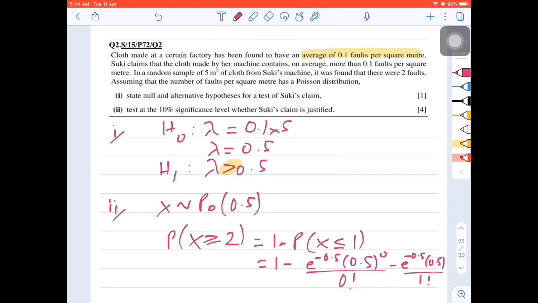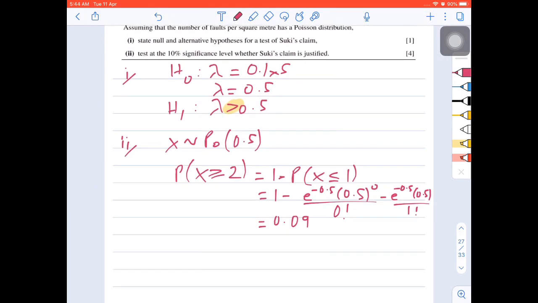So this will be 1 minus e to the power negative 0.5 times (1 plus 0.5), and this is equal to 0.09. So the probability of X greater than or equal to 2 is 0.09.